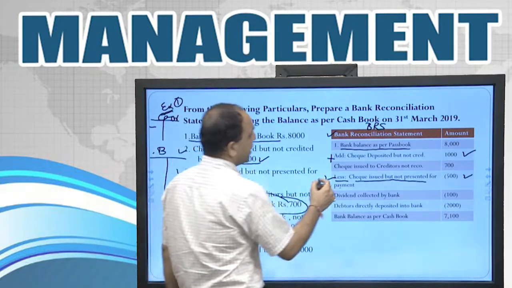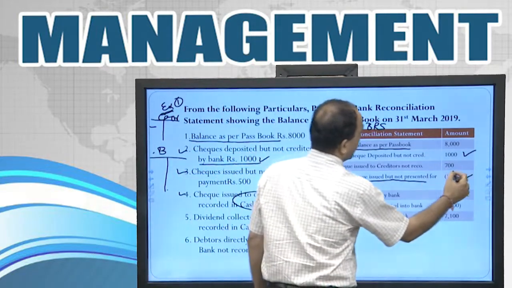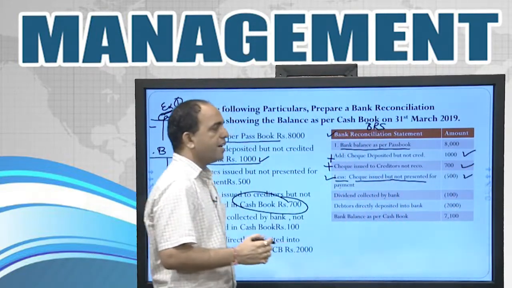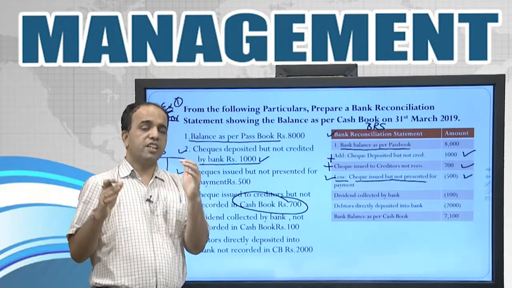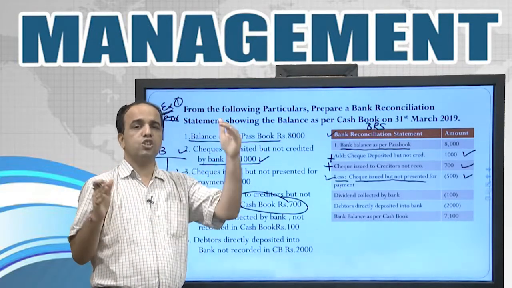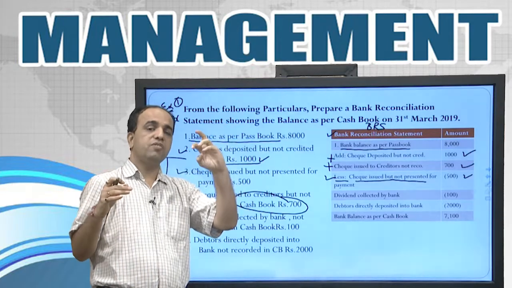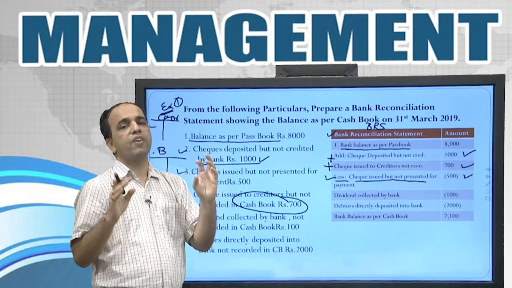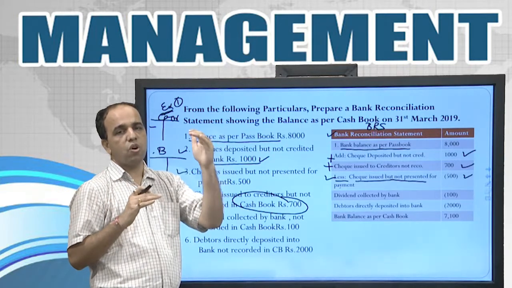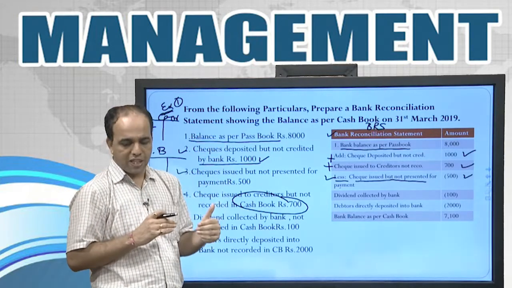So, check issued but not recorded will be added as per passbook balance. Friend, understand one thing: here we are reconciling these two amounts, we are least concerned with the actual effect of it. Our concern is how to find out the difference or the reasons behind these two balances, right.